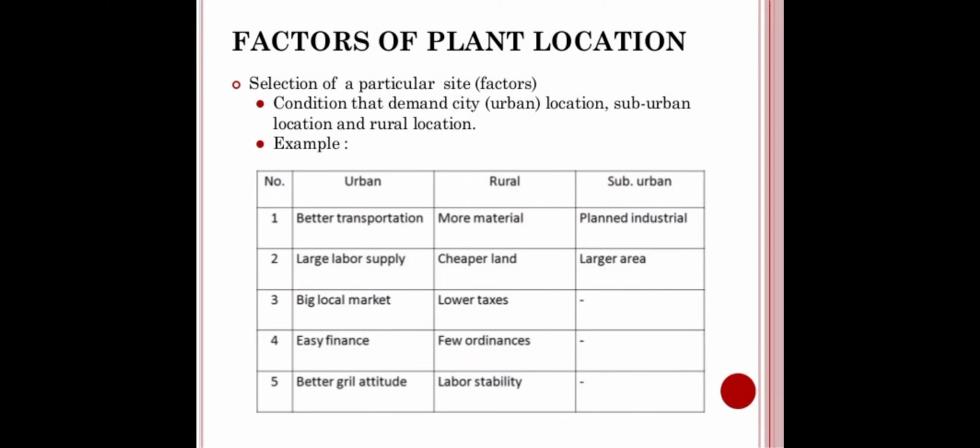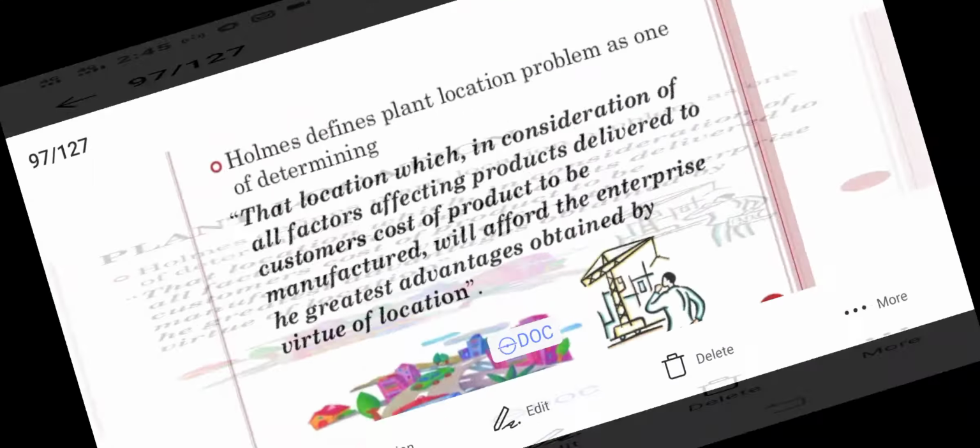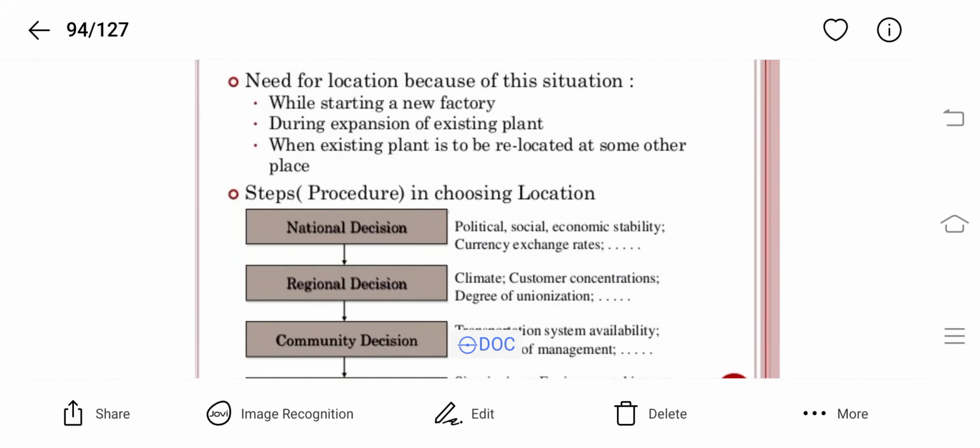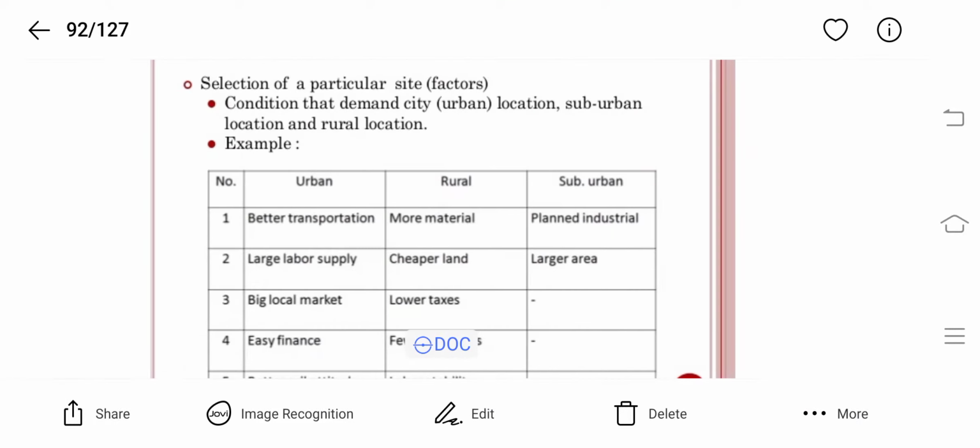So now the factors for a particular site, conditions that demand the urban location, suburban location, or the rural location. All the three types of locations have different demands.